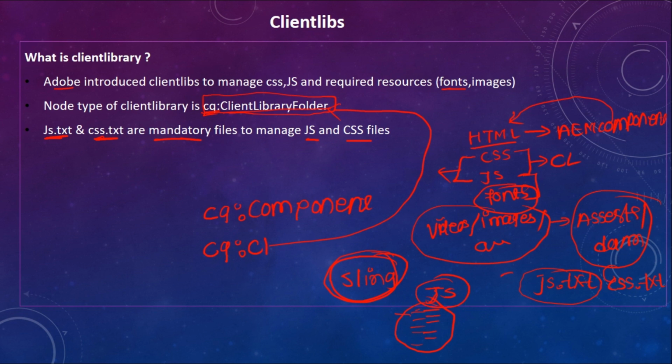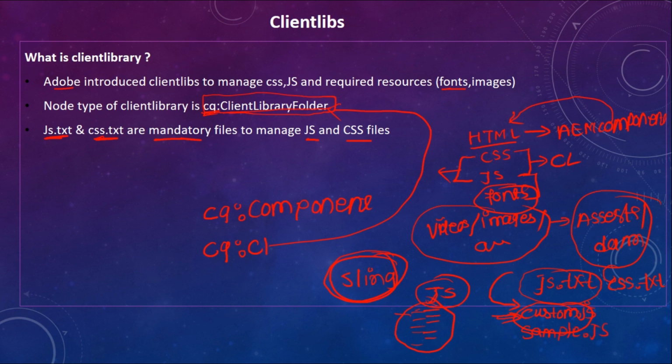That means whatever JS file you add inside the js.txt, only that file executes. Like here I am mentioning custom.js. Now that I have mentioned custom.js, Sling will come inside your js.txt and after that it will execute this custom.js. And consider here I have a sample.js.